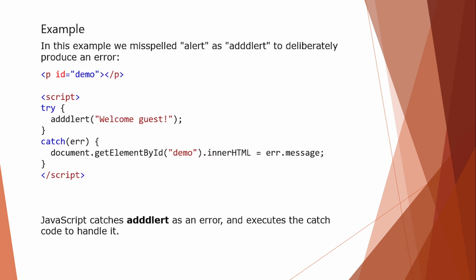For example, in this example we misspelled alert to deliberately produce an error. So here JavaScript catches the alert as an error and executes the catch code to handle it.